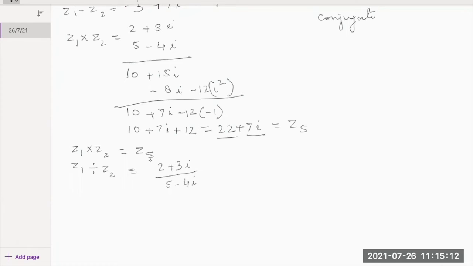Right? Now conjugate, if you remember, go back to your class 10, where you were talking about rationalization. If you had a number, let's say 2 plus root 3, and you had to rationalize it, what did you do? You multiplied and divided it by 2 minus root 3. This is what you did.